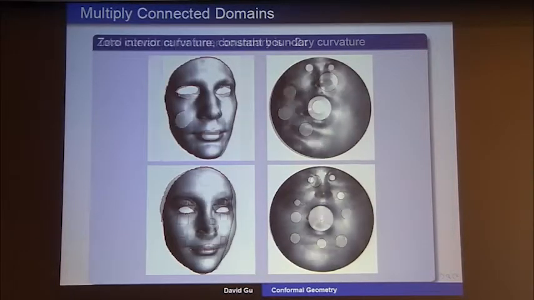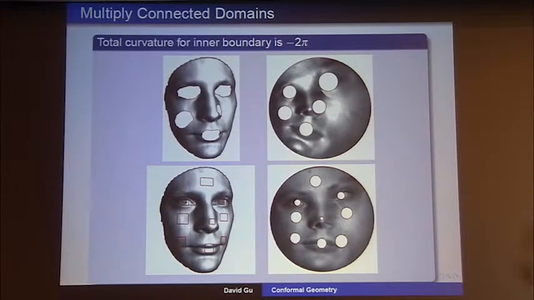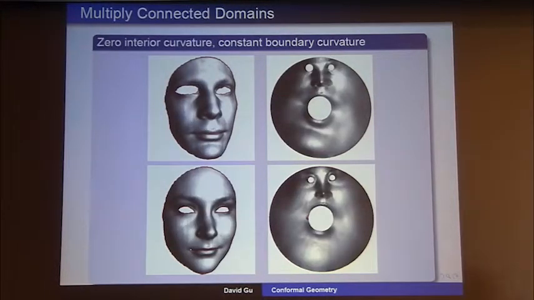Then here we show a more complicated case. Suppose we want to verify whether there exists a conformal mapping between this face and this face, such that we map exterior boundary to exterior boundary, and the interior boundary to interior boundary. Basically, you map them to the canonical domain, and see whether those two canonical domains can coincide.